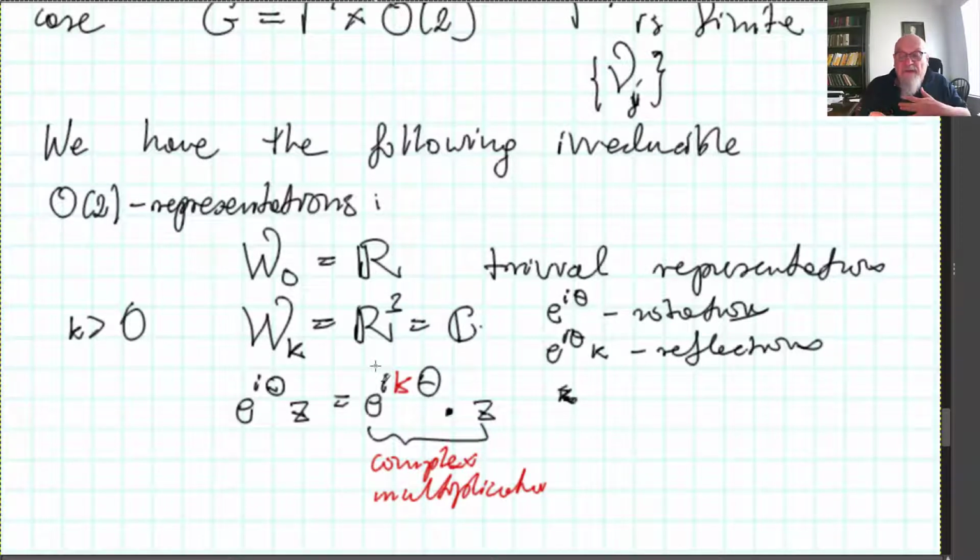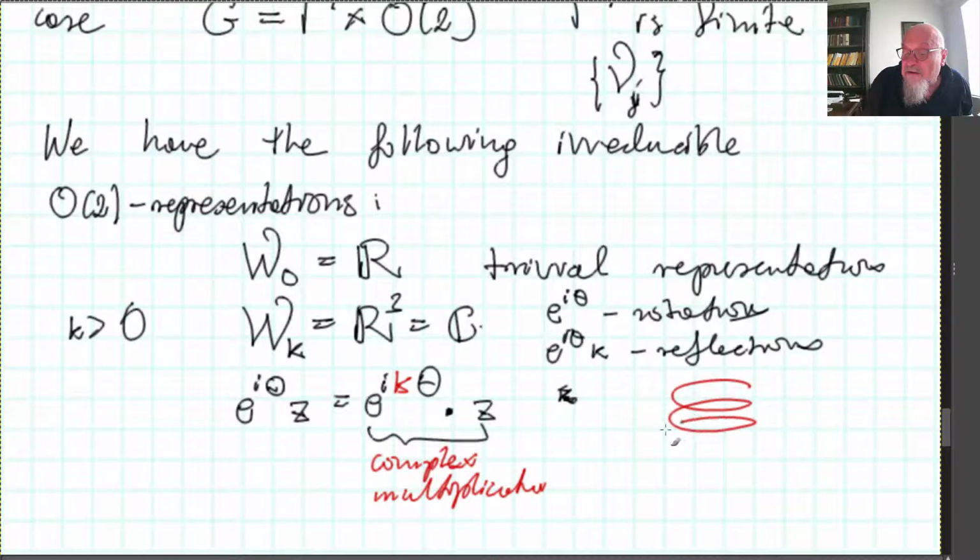So you wind this circle K times around itself. In such a case, we think about this as a folding, because if you look from the circle to the top, you will find the circle is folding like this. So the circle folds like this K times, and then you map it here.